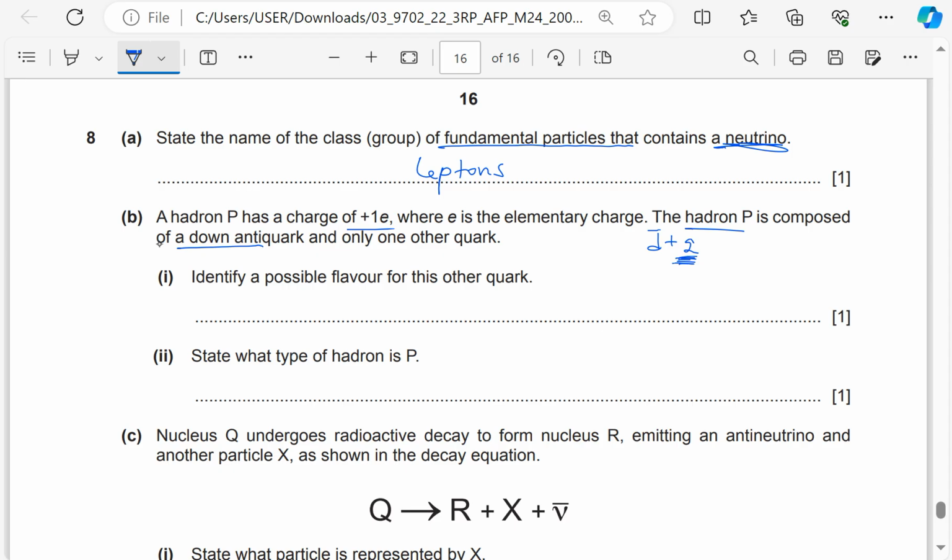So identify the possible flavor for this other quark. It is a meson which has an antiquark and a quark, so the charge should be positive 1e.